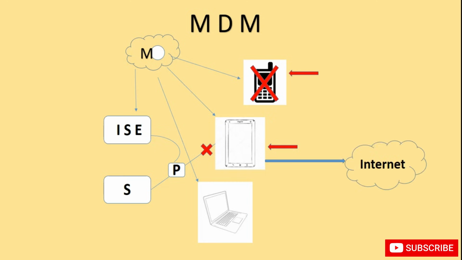This tablet only connects to some resources and it would not connect to the internet, right? So possibilities are endless. You can modify policies to block some applications or allow some content to transfer to the internet or to communicate with other devices within the organization.